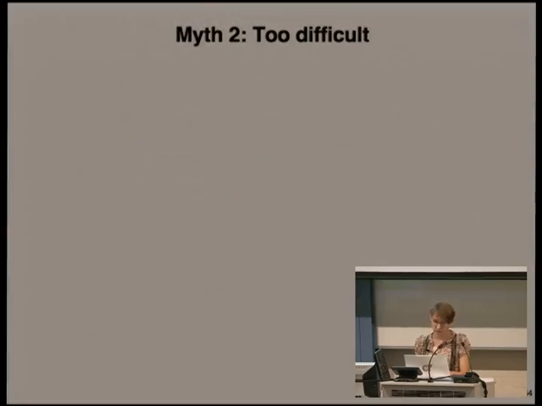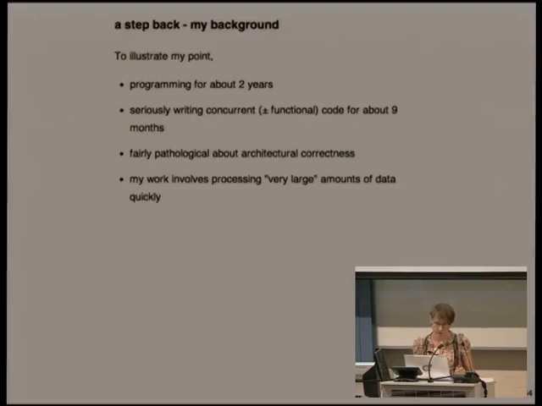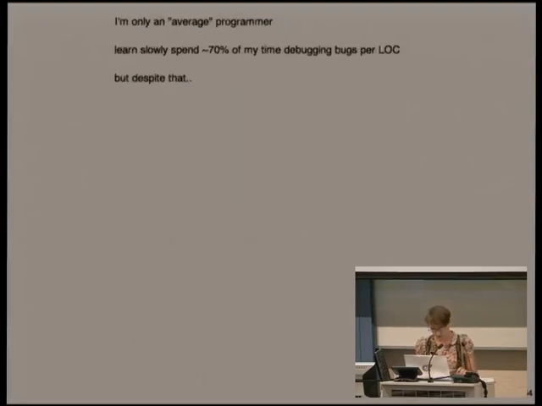So the second myth is that it's too difficult. To step back, to illustrate my point, I've been programming for about 2 years, writing concurrent code for 9 months. I consider myself a reasonably average programmer, so I spend a lot of time debugging.